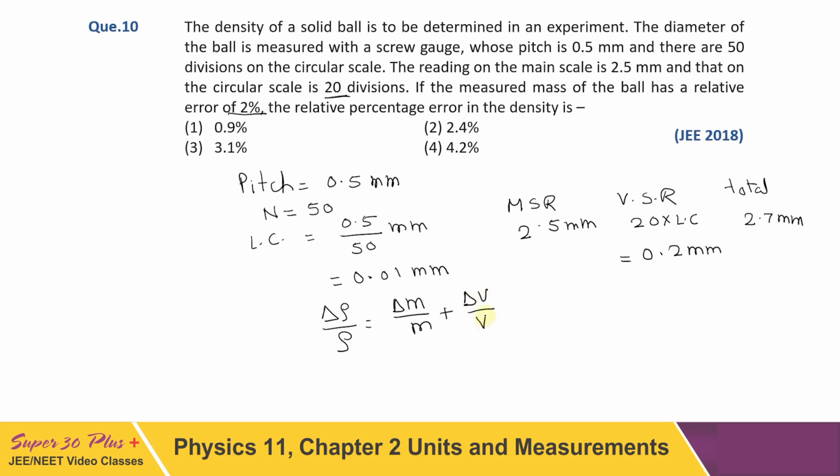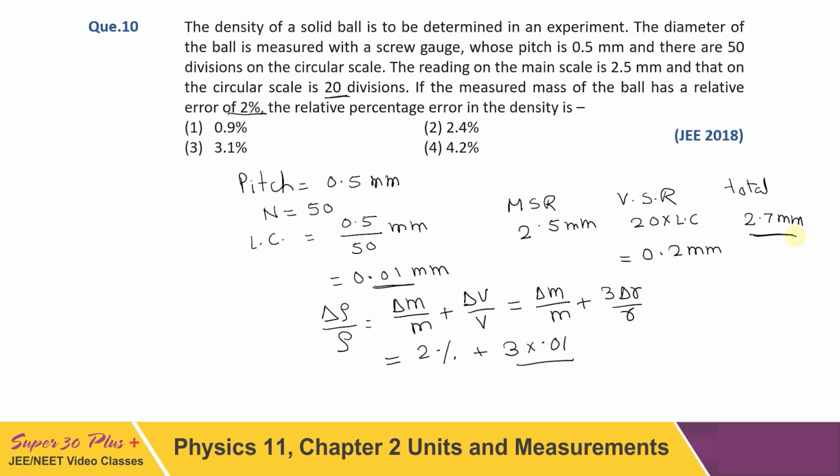Now since it is a solid sphere, volume can be written as 4 by 3 pi r cube, and this will come out as delta m by m plus 3 times delta r by r. Now substitute all the values. Delta m by m is provided, 2%, so this is 2% plus 3 times delta r. Now what is delta r? It is the least count of the instrument provided, which is 0.01 upon r.